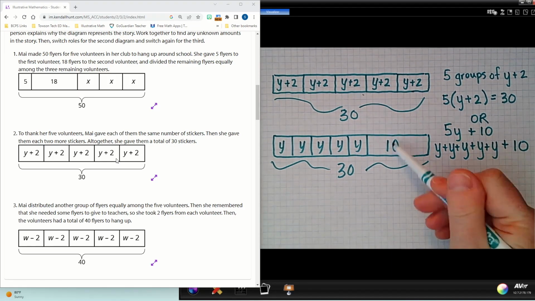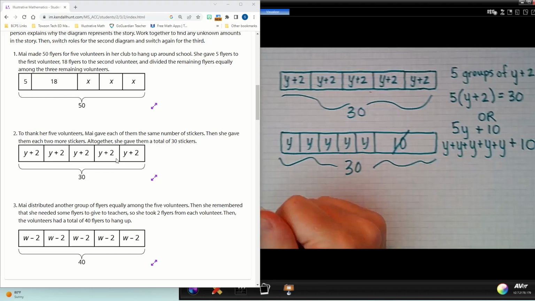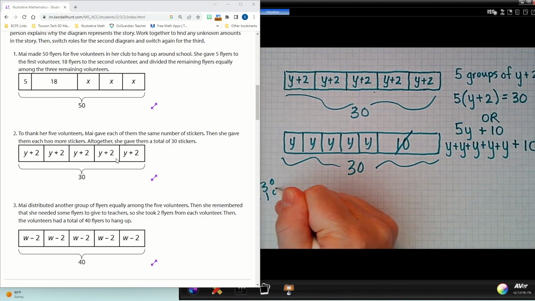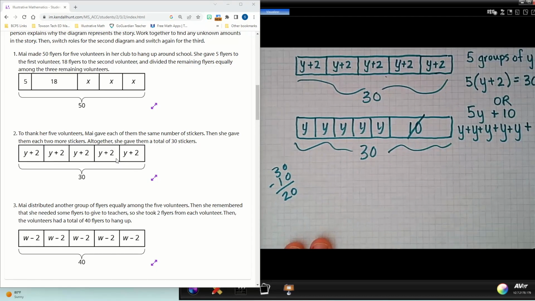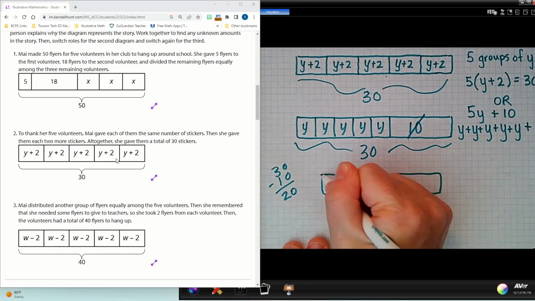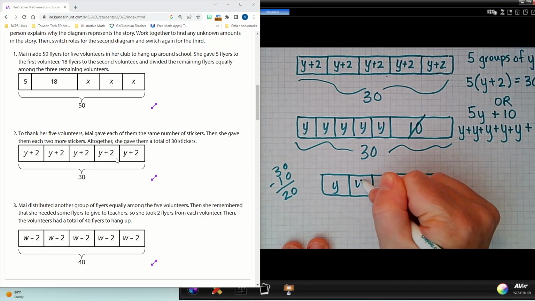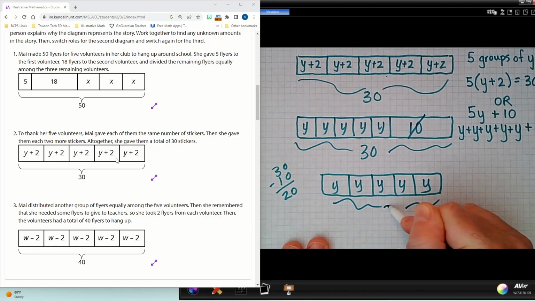So the students may say, well, if I take this 10, she gave out 10 additional stickers, I can take 10 away from 30, and that means 20 is what she initially started with. Some students may want to rewrite and just look at the y's and say, okay, I have 5 y's, and together that makes 20.